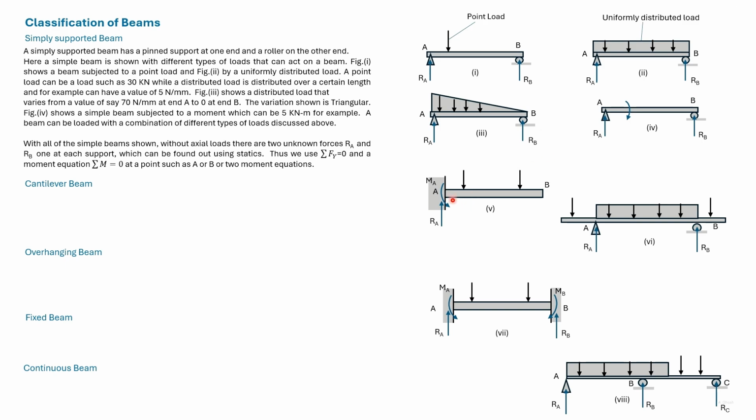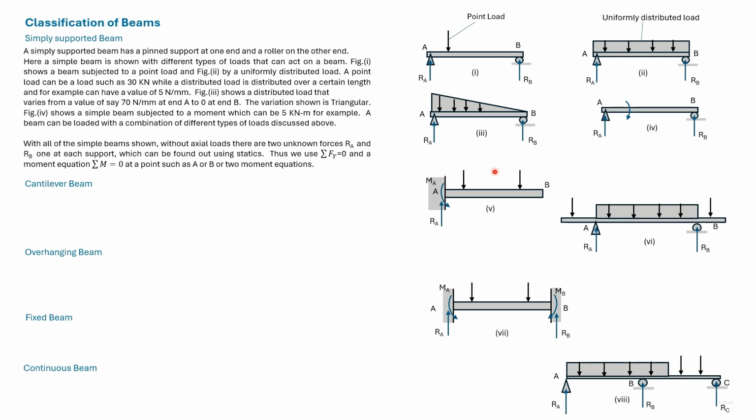We can have any other combinations also. A cantilever beam has one side fixed and another side free. Here also we consider that there are no forces in the horizontal direction. It has two unknowns, the moment and the reaction at the fixed end.